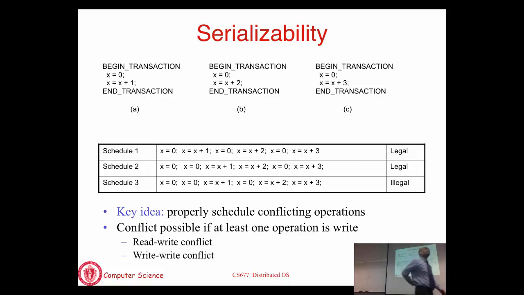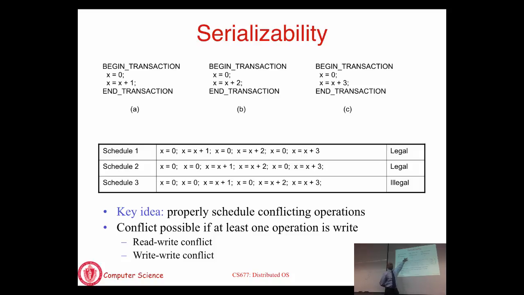Yes, question. What if we end up with something that's weirdly interleaved, but still ends up with a legitimate output? Like we do transaction C completely, then we do the 2 sets equal to 0, and then the 2 plus 1. In the middle you are going to do these 2 statements first, then you're going to do this and this, and then you reset it and go back. So in the middle you have something that you would not actually have gotten.